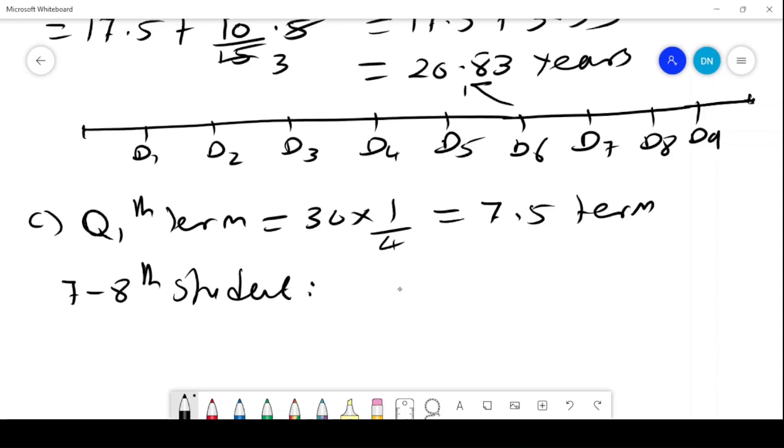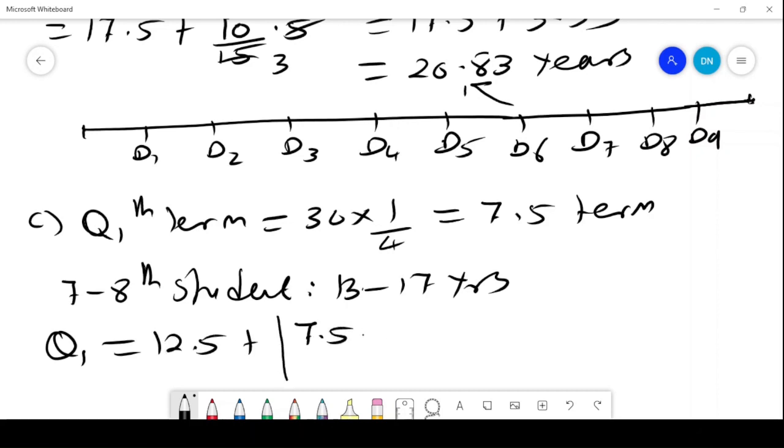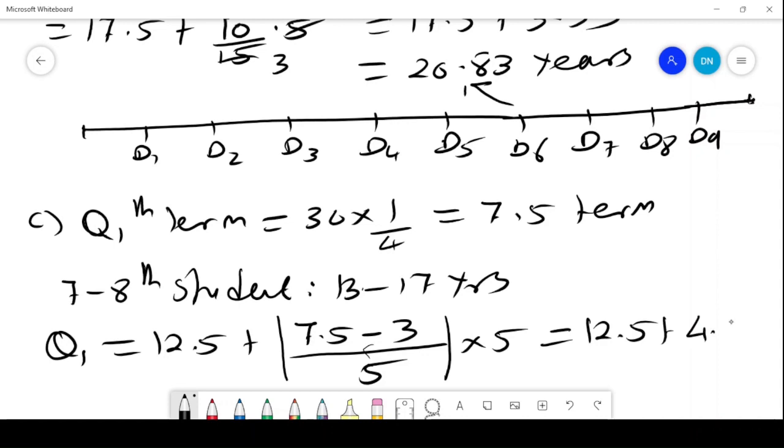He is aged between 13 and 17 years. Therefore, we can get the actual value, which is the L1, which is 12.5, plus 7.5 minus 3, because it's in the second class, divided by the frequency of that class, which is 5, times 5, which is 12.5 plus 4.5, which is equal to 17 years.